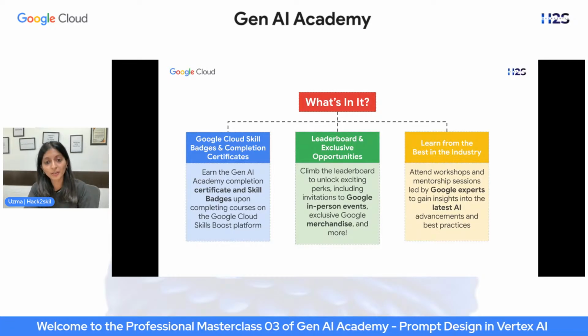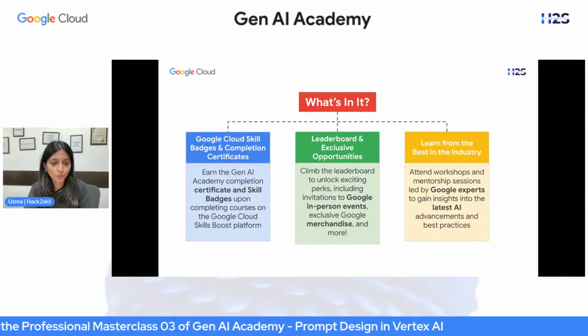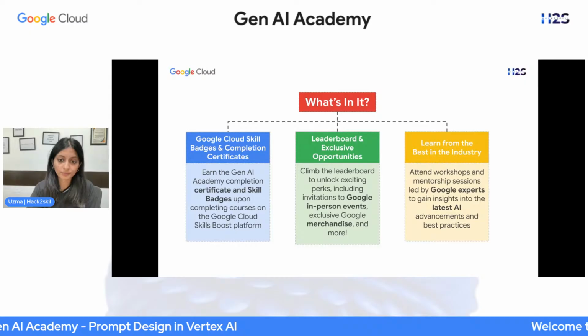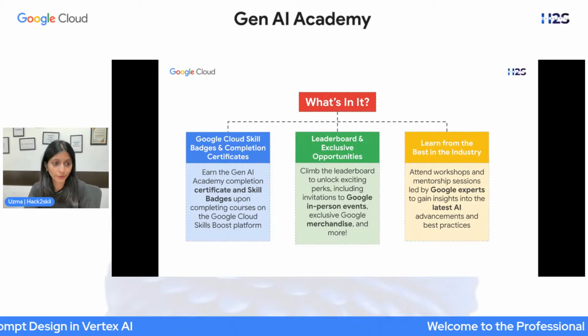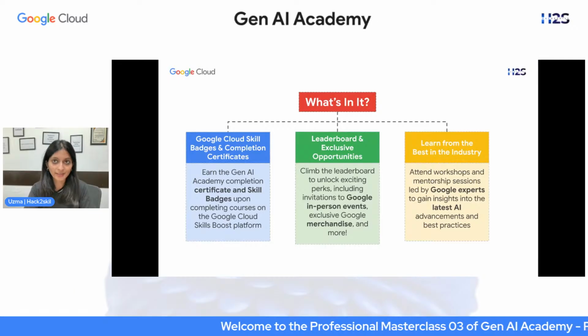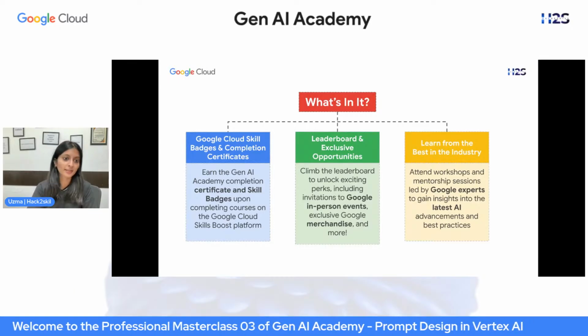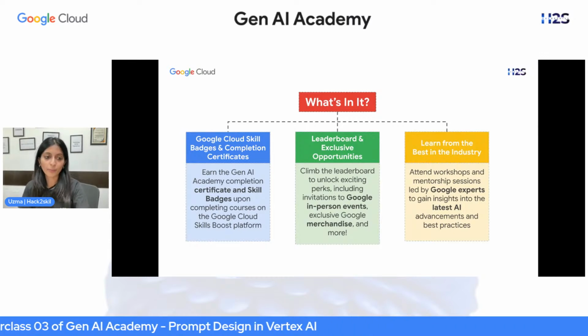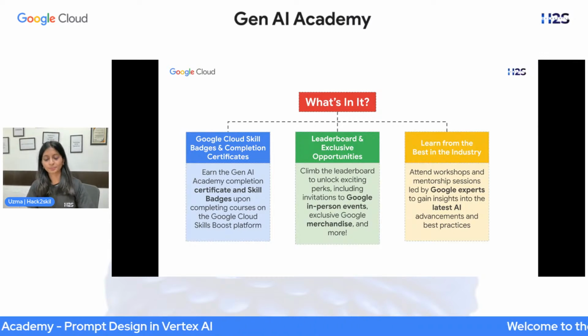So this leaderboard is your key to get access to Google's in-person events, get some merchandise, and so much more. So this is what is in it for you. And of course, I don't have to mention that you are learning from the best in the country. So these technologies are the future, and we have people who are experts in these technologies here for you to give you the skills you need to keep up with the movement of AI.